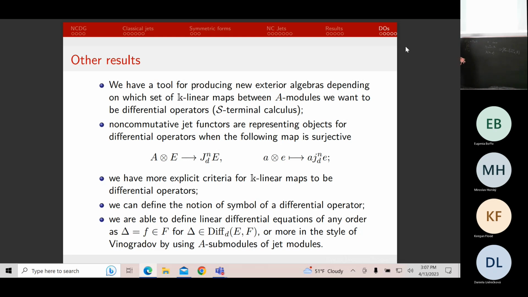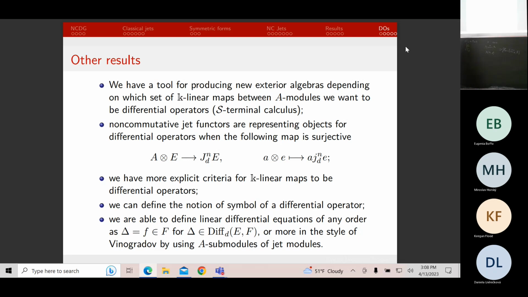If we have a set of k-linear maps that we want to be first order differential operators, we can build a new calculus, called the S-terminal calculus, such that it will produce jets that will give, at least, those differential operators. And when we have a set which is already a set of differential operators for a certain jet, that turns out to be exactly the differential operators. So this is a closure operator.